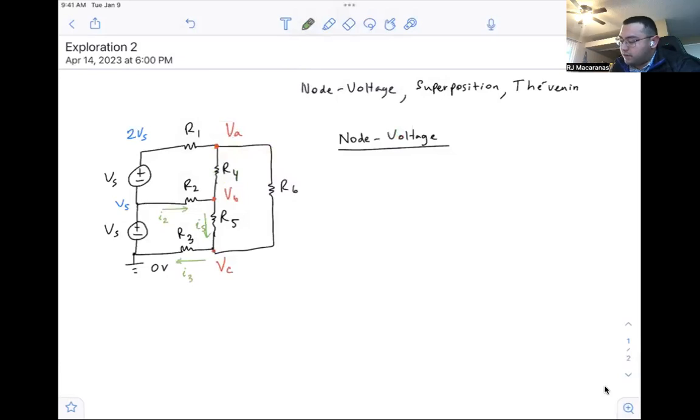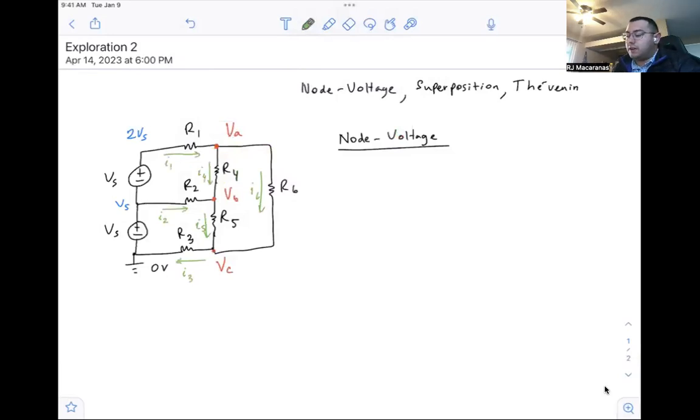And up at the top, we've got R1 going from left to right, I1, R4 going from top to bottom, I4, and R6 going from top to bottom, I6. So we've labeled all of our currents here. And again, these current directions are all arbitrary.